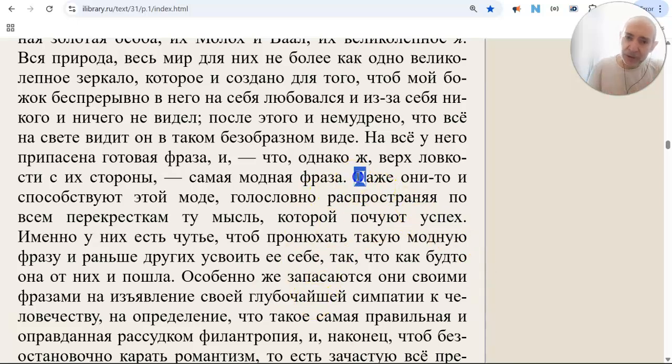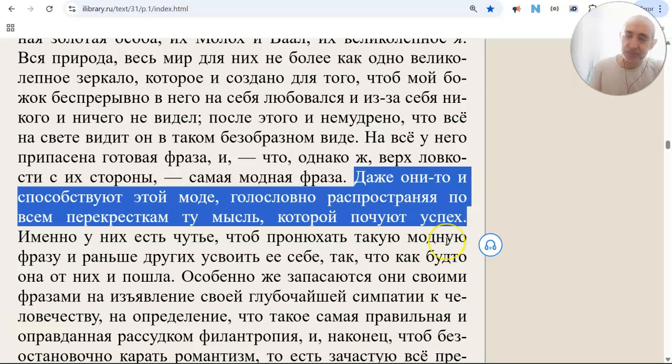So now look how it all works together, this whole sentence. Даже они-то, basically to here you can translate that exactly. It just makes the word "they" more exact. So that's exactly them. Даже Анита и способствует этой моде, голословно распространяя по всем перекресткам ту мысль, которой почуют успех.